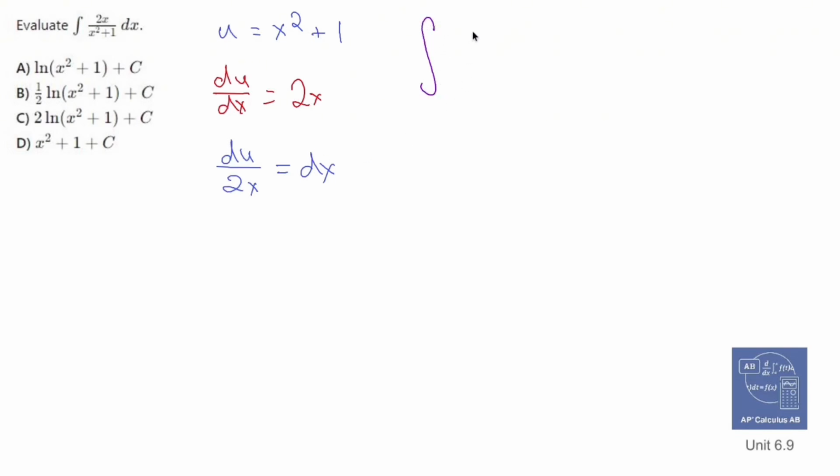The integral of 2x over regular u dx becomes du over 2x, and oh happy day, the 2x's cancel out. So that leaves me with the integral of 1 over u du.